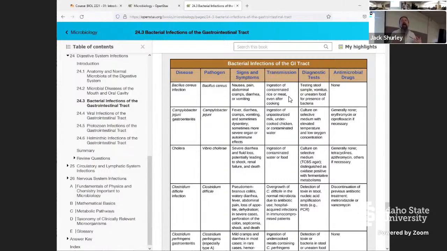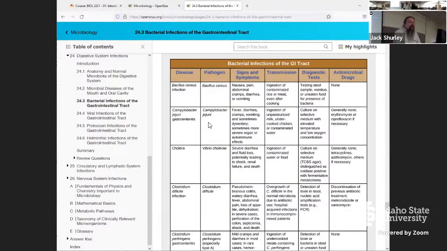We can ingest that and ultimately get sick that way. So there's nausea, abdominal discomfort and cramps, diarrhea, and/or vomiting, maybe both, all right? So this is something that, as far as drugs and treatment, basically you let it run its course, right? Fluid replacement likely, but nothing that we really can do.